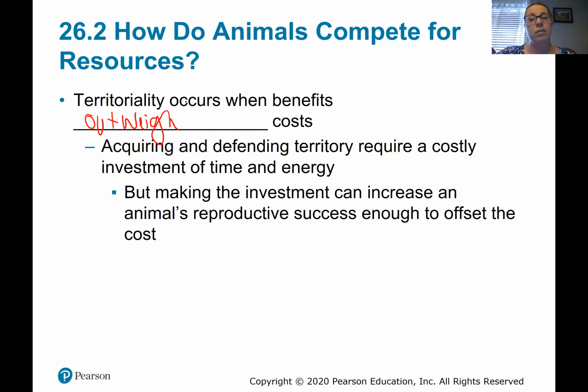You know, if it costs you your life to have a territory, because you're constantly trying to walk around and defend it and mark it and all of that, and that takes all of your time, and you can't go find food, that's not a very good cost benefit situation. Okay, but if you can mark your territory once every 6 weeks and you have all the food access inside of it that you want, that's a positive situation.